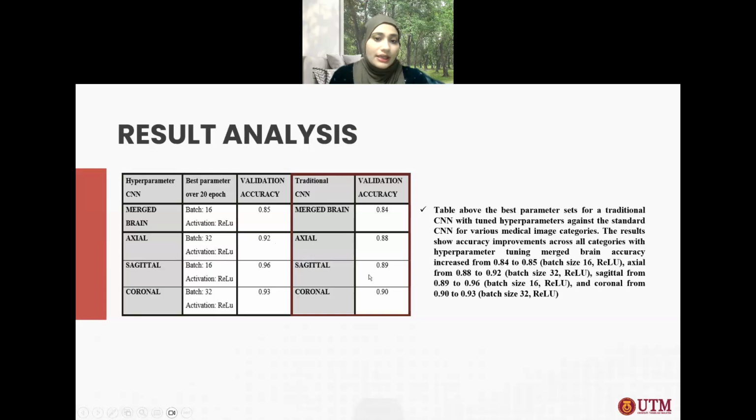For sagittal, from 89 for the basic CNN, it increased to 96% with batch 16, where we insert 16 images in one flow, then ReLU. Coronal, 32 ReLU, we got 93, from 90 to 93, which is an increment of 3%.